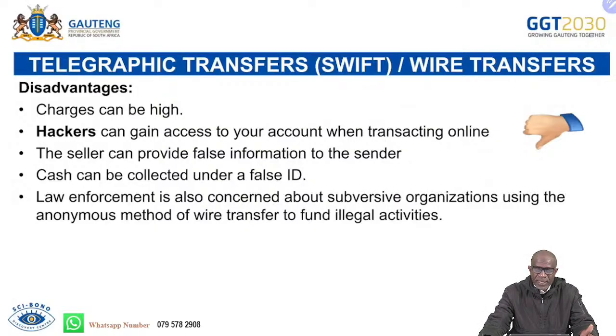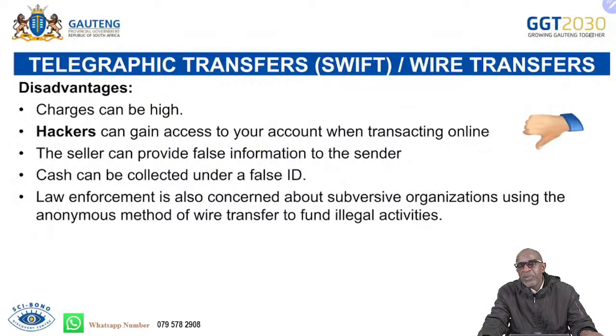Law enforcement is also a concern, or it is also concerned about subversive organizations using the anonymous method of wire transfer for illegal activities. So it is very difficult for law enforcement, for police departments, to trace this kind of money. Why? What is it paid for? What is the reason for the transaction?